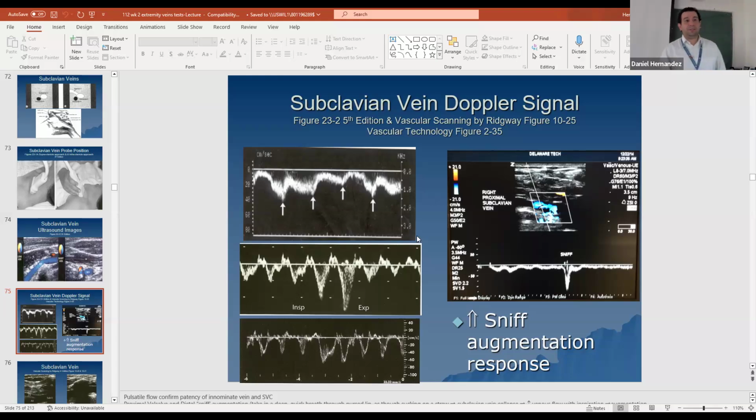When you're doing your DVT study, even though I didn't have you do it here, every upper extremity DVT study has to be concluded with the contralateral subclavian vein being Dopplered. We need to show a Doppler tracing of that contralateral subclavian vein to demonstrate similar phasicity and pulsatility in those two vessels. Even though there's flow in it, the Doppler signals could be vastly different.